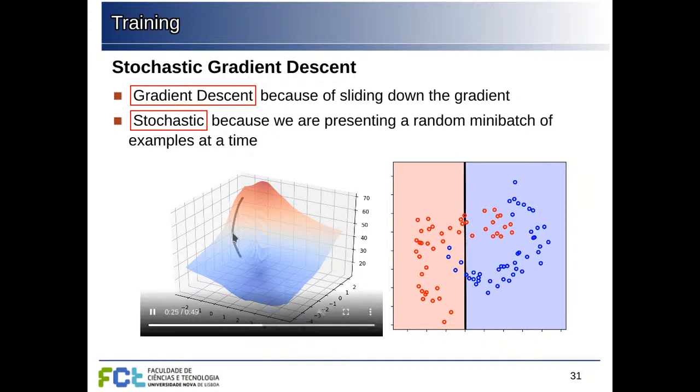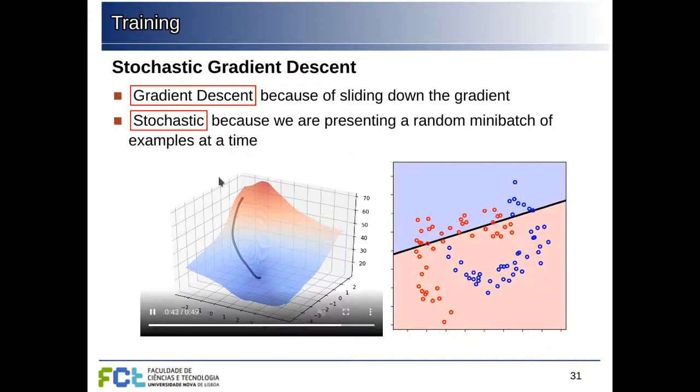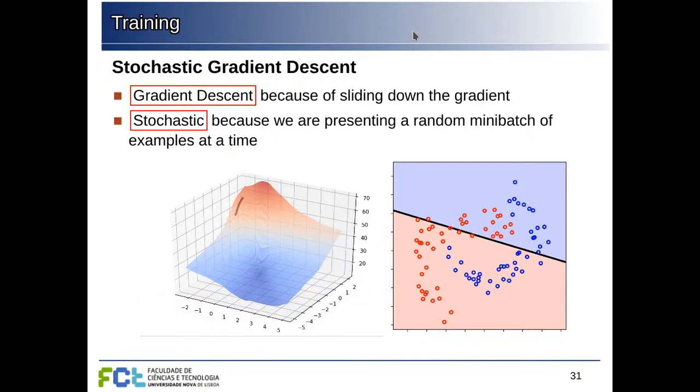So this sliding down here I'm representing 1 point per epoch, so after passing through all the data, but each update is done using a small sample of the data that we have. And this gives some randomness to the trajectory here, because since we are not computing the actual gradient of the loss function, because that would require using all the data, we are estimating the gradient at each point from a random sample of the data.